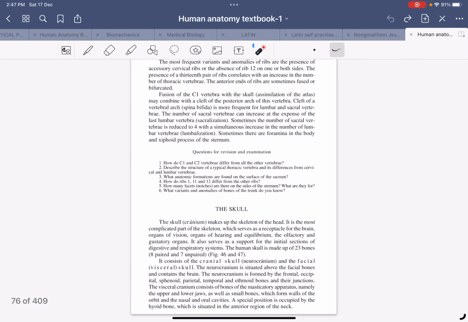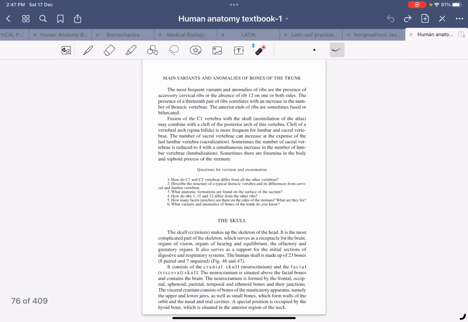So I will start from the skull for this lecture. It is a line by line lecture.